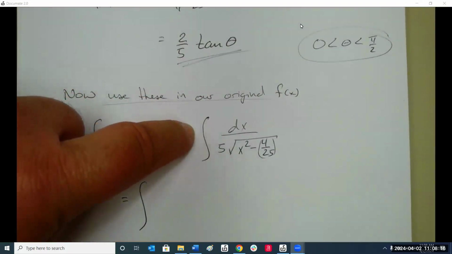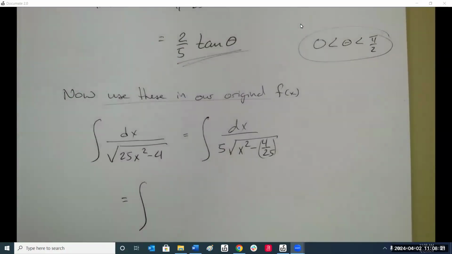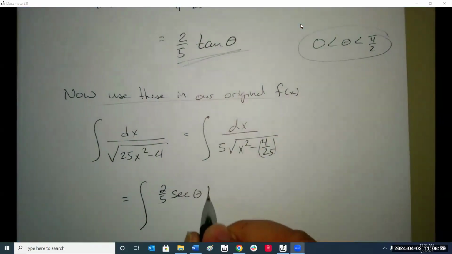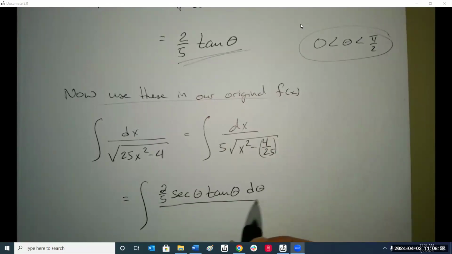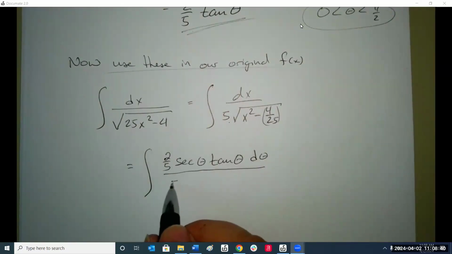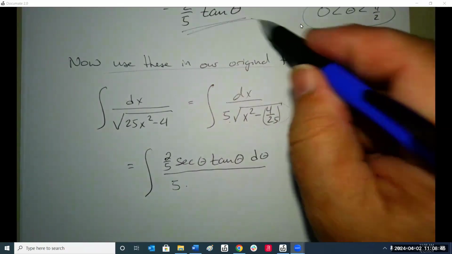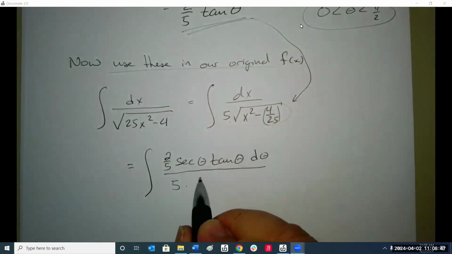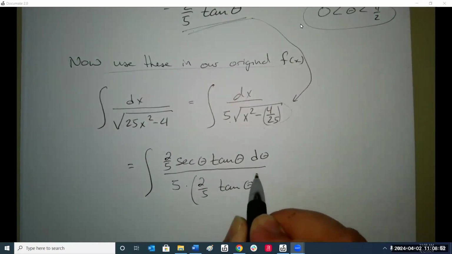Our dx is 2/5 secant tangent. In the bottom, this part became that, 2/5 tangent theta.